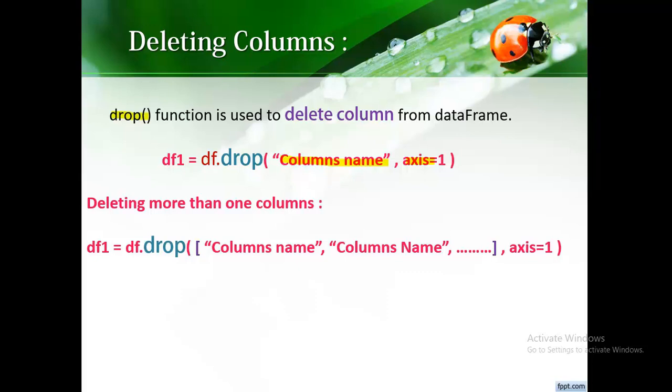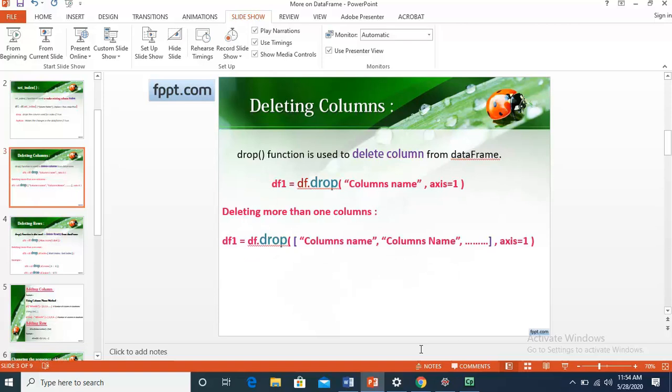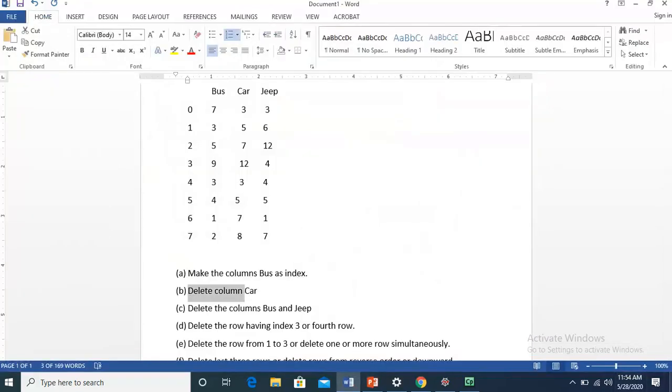If you want to delete more than one column, you just need to use a list, with the names of the columns like column name 1, comma, column name 2, and so on. Let's take an example. Here, delete the column car.